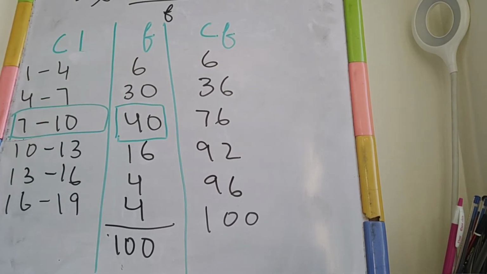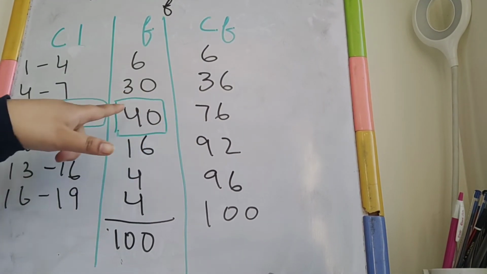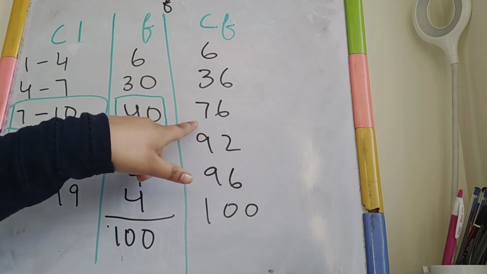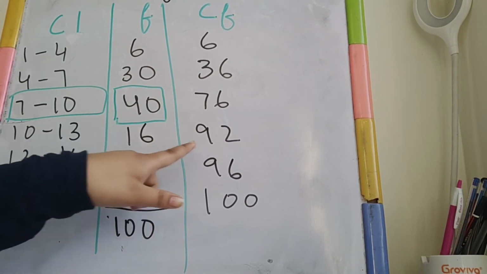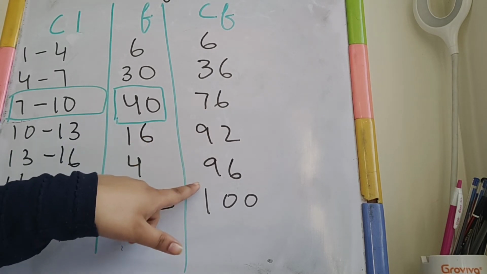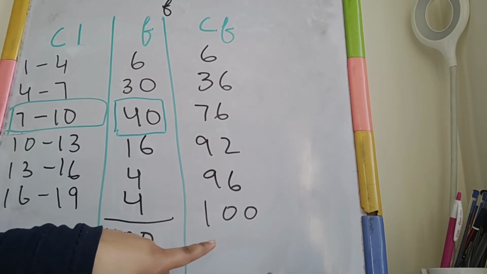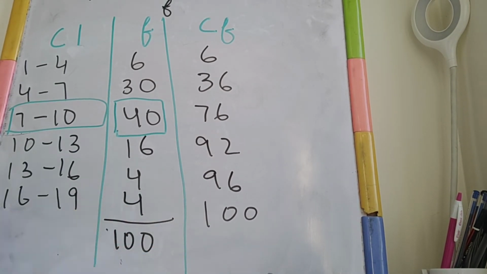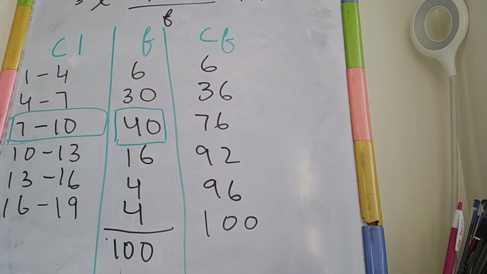Then we add 30 plus 6, which is equal to 36. Then 40 plus 36, which is equal to 76. Then 16 plus 76, which is equal to 92. And 4 plus 92 is 96. And 4 plus 96 is equal to 100. Always take care that this 100 and this n should match. If it is not matching, then there is some error in your calculations.